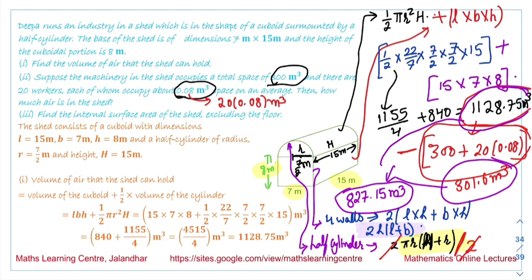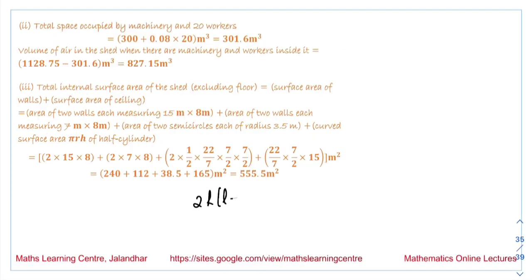So the total internal area of this shed, the calculations are shown on the next slide, will be equal to 2h into L plus B. The length, breadth and height are there. This height, this small h, is 8 meters over here, plus the area of the cylinder, which is pi r into L plus r.